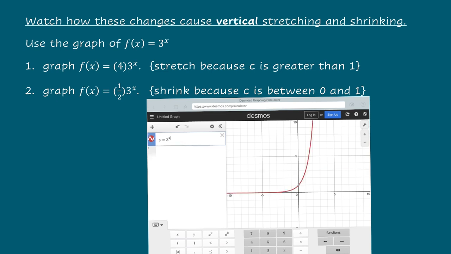But if we take this graph and we increase our base by a multiple of, let's say, 4, so we are going to say y equals, and we don't need to write that 4, we can just make it 12 raised to the x. That is going to stretch it vertically. Notice how it stretches upward more vertically because it's a value greater than 1.